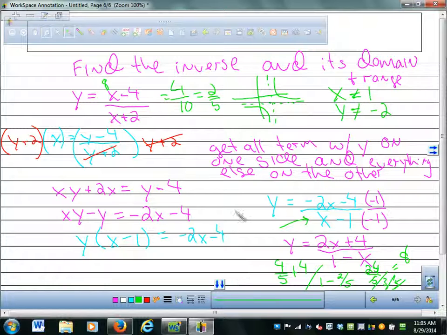But I think it's either going this way or it starts up here and goes there. And the other one looks like a flip of that over the line y equals x. So that's it. We're done.